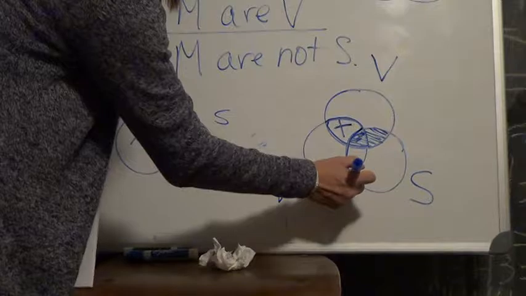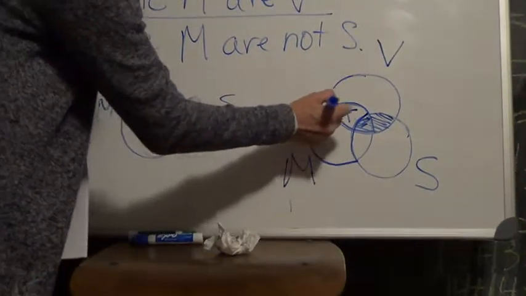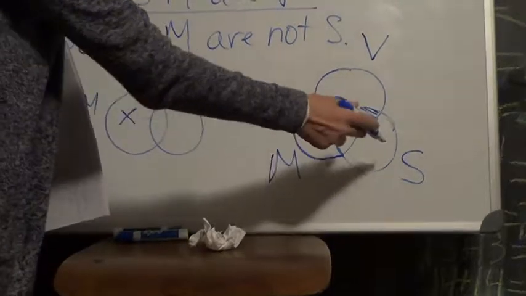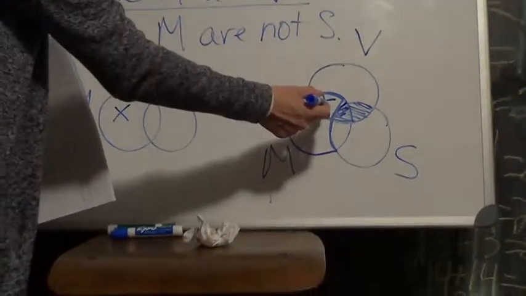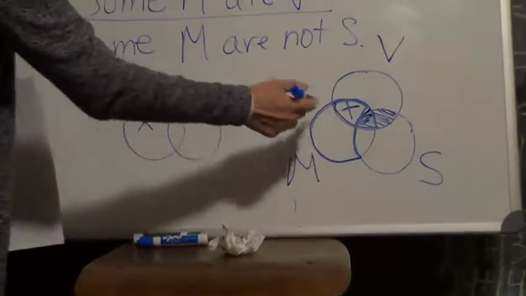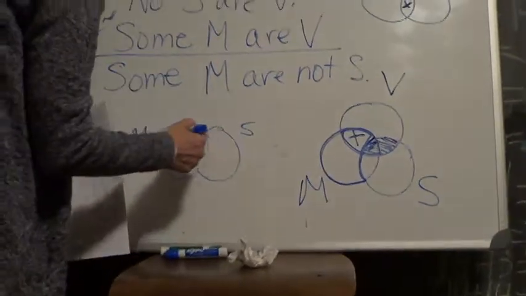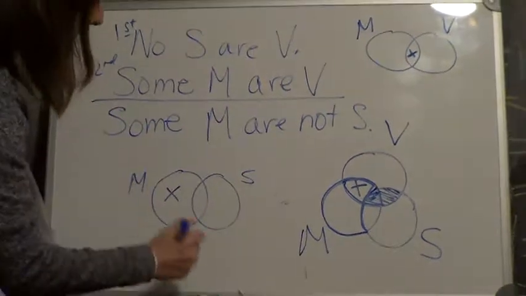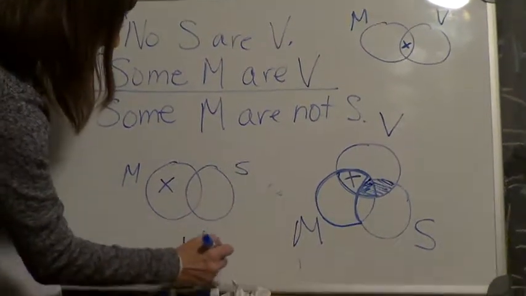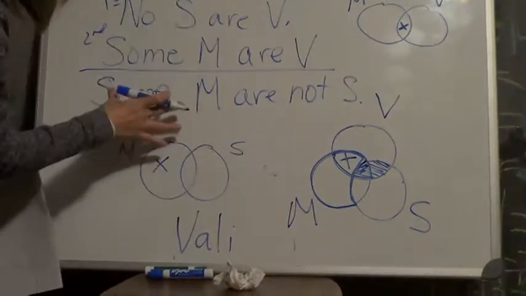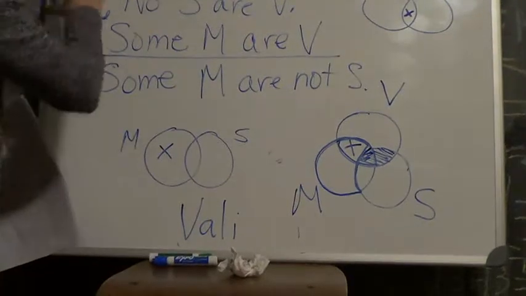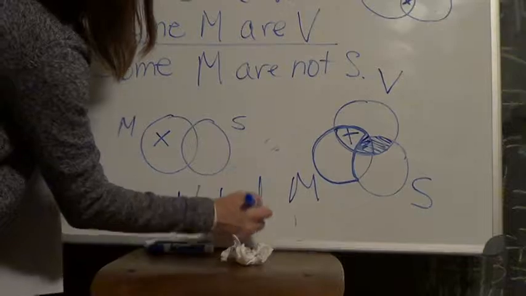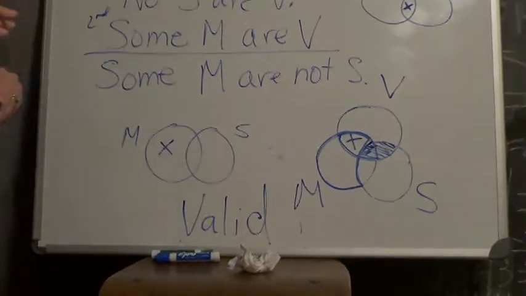So if we look here, we're looking at this entire area where we have M outside of S. And we do have this on here, right? It's up over here, but it is on there. So since the conclusion is on the diagram, it means those premises entail that conclusion, right? By diagramming the premises, you also diagram the conclusion, so you know that this one is valid.